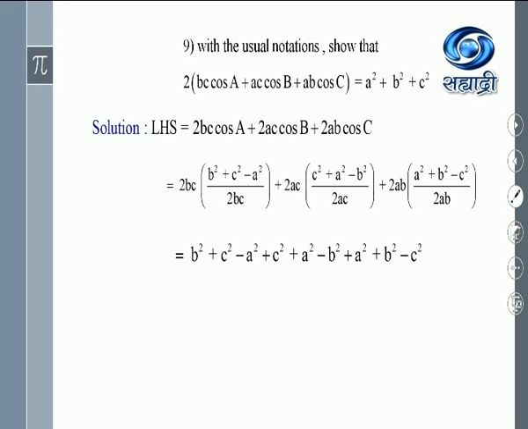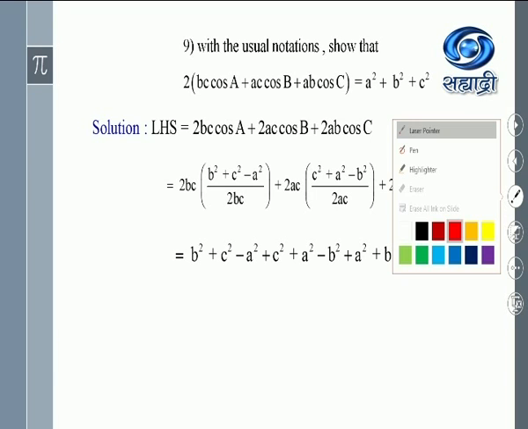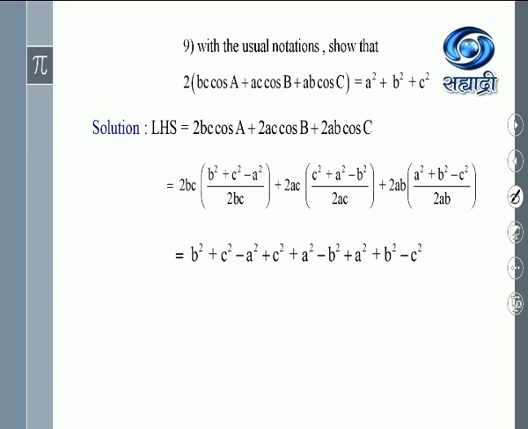All the terms get cancelled and we are left with the bracket in the numerator only, that is B square plus C square minus A square, C square plus A square minus B square and A square plus B square minus C square. So we write all the terms here. Now see the similar terms with opposite sign. So we have this B square and minus B square gets cancelled.